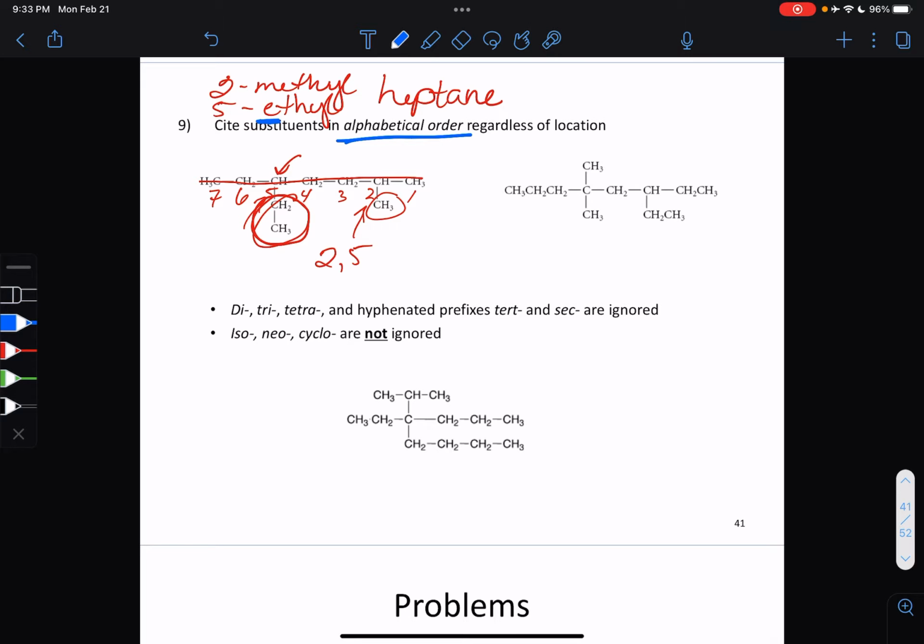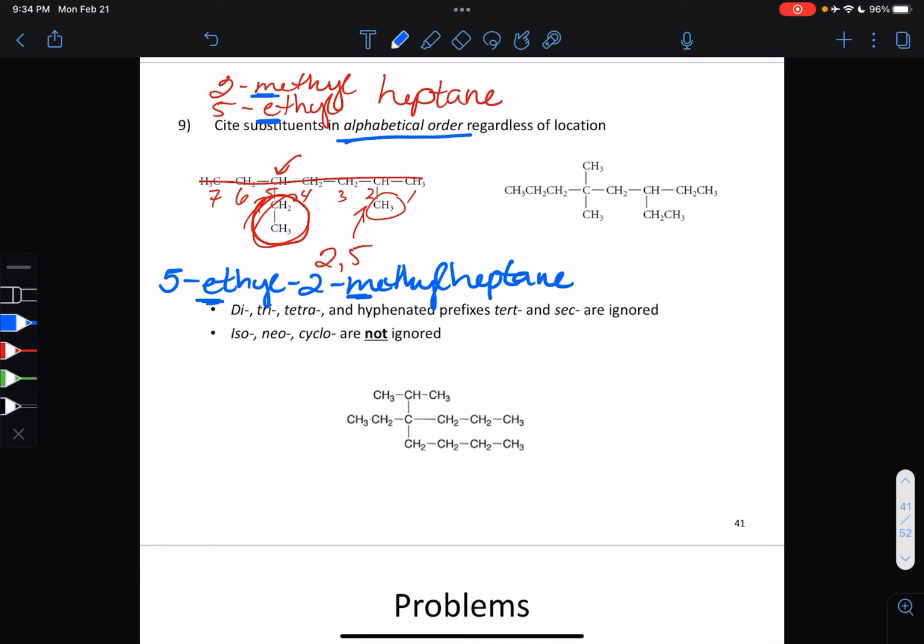So here, E is going to come before M. So what we do against our will, because we want 2 to come before 5, is we call that 5-ethyl, 2-methyl, heptane. And that's because E comes before M.